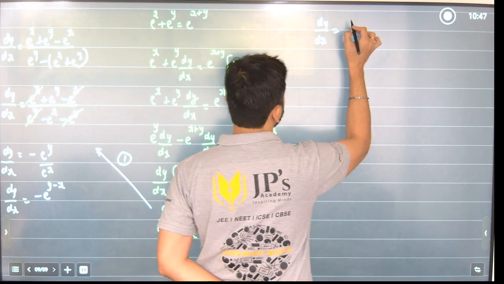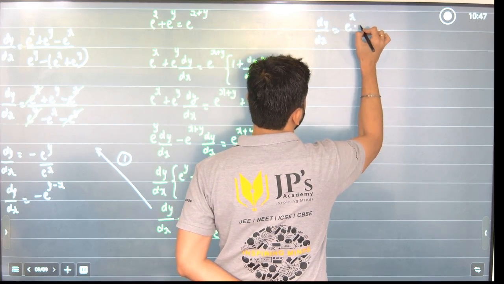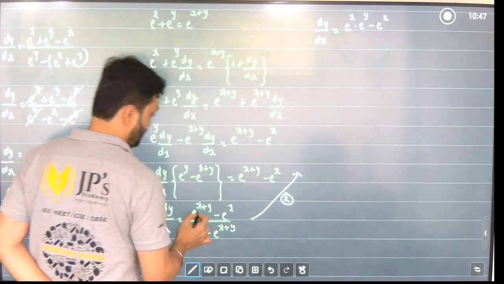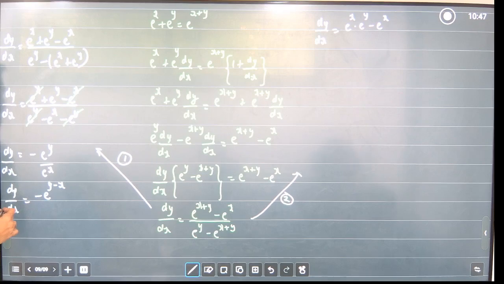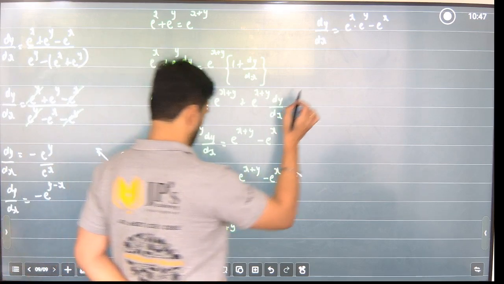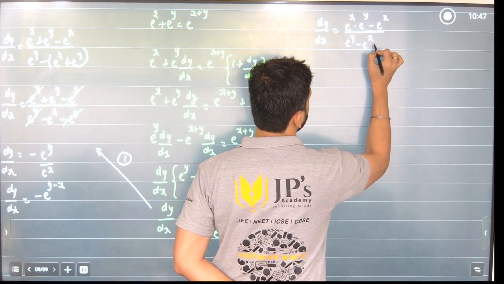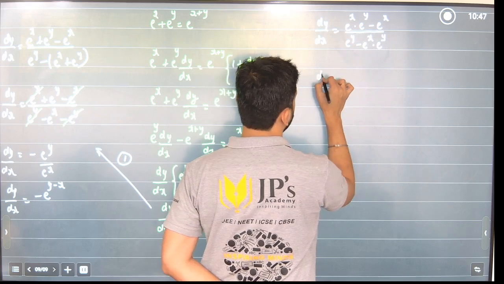dy by dx is equal to e raised to x into e raised to y minus e raised to x, because e raised to a plus b can also be written as e raised to a into e raised to b, and niche it will become e raised to y minus e raised to x into e raised to y.